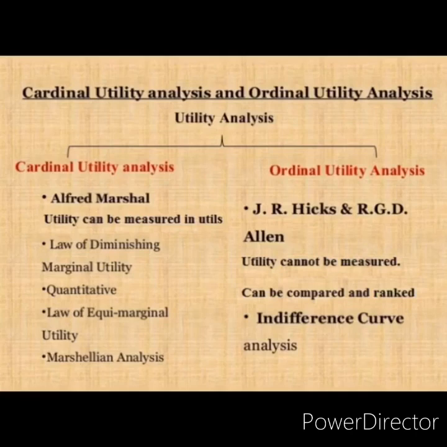I am giving second rank to orange because second most satisfaction I am getting from the orange, and I am giving third rank to apple because the least satisfaction I am getting from the apple. So in this way we can give ranks to our utility, but we cannot measure the utility in terms of number according to Professor Hicks and Professor Allen.